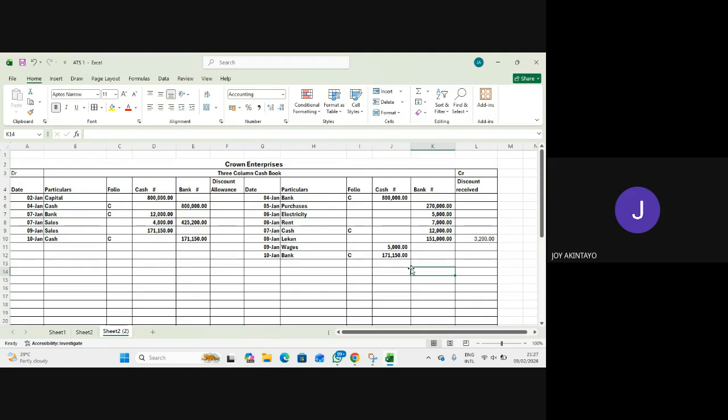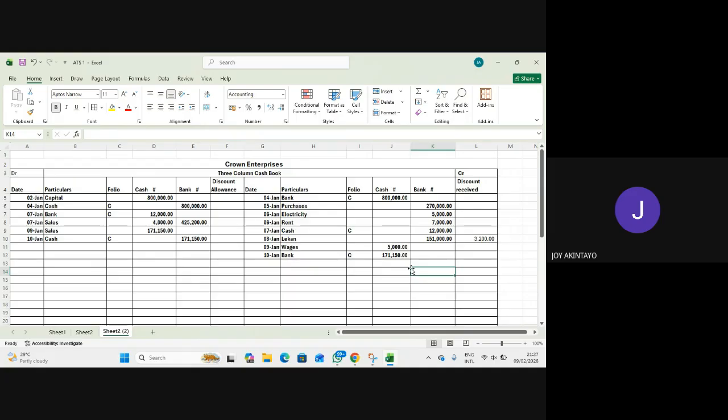We bought stationeries by cash. So credit cash. We credit cash.